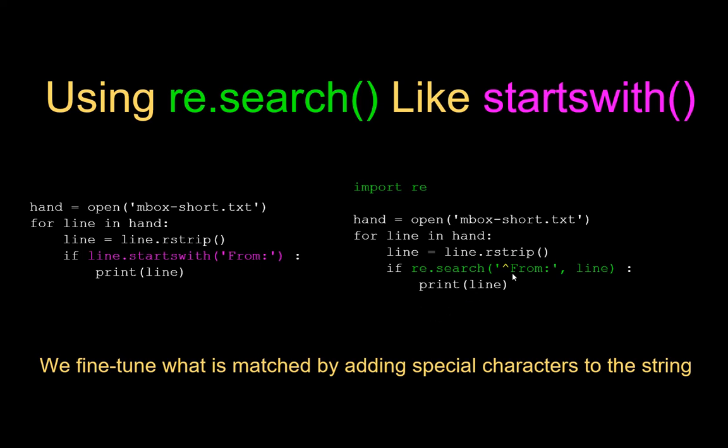If we have From not at the beginning of the line but somewhere in the middle, this will not result in any output. Our line has to start with capital F, From, with the colon afterwards. So our search criteria is more accurate compared to the one that we had before.